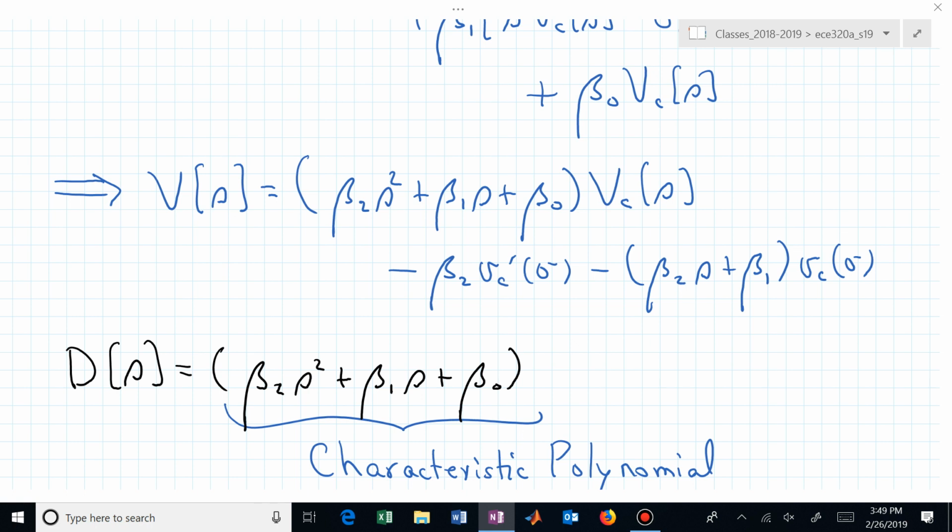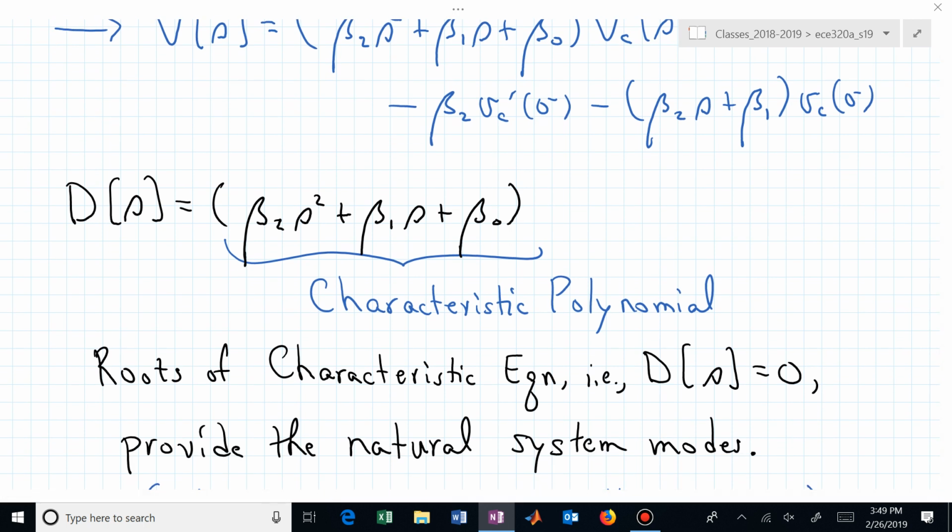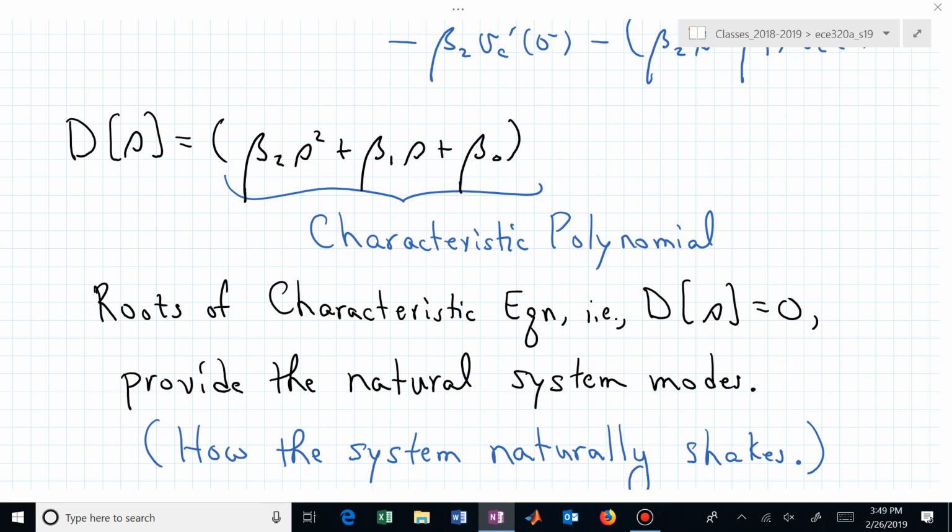The roots of the characteristic equation give us the poles or the modes of how this system naturally wants to move. That's what we have when we now find the roots of this characteristic equation. How does it naturally want to shake?